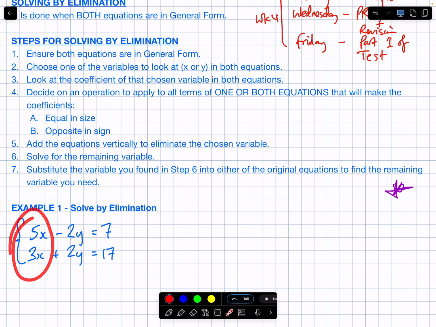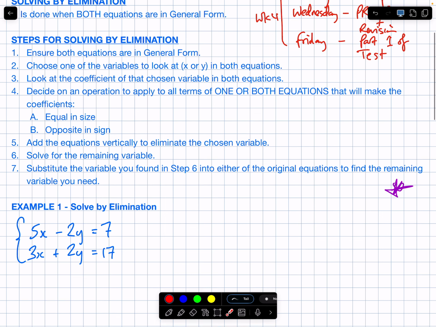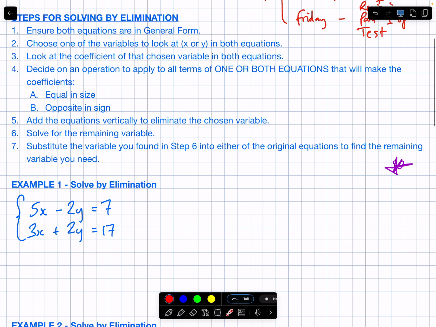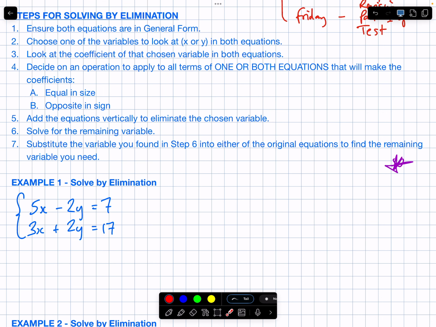These aren't opposite in sign, they're both positive. I'll give you more time to get it. It looks like you're in the midst of that.